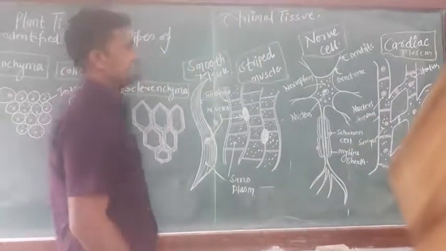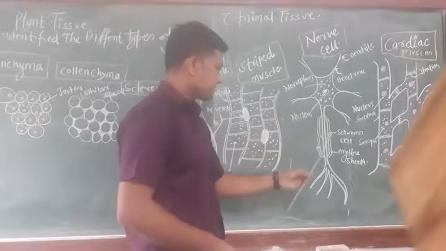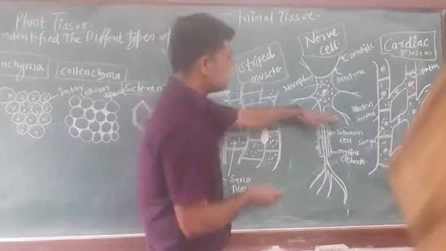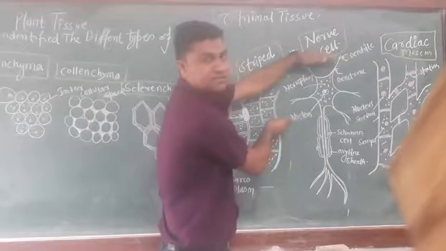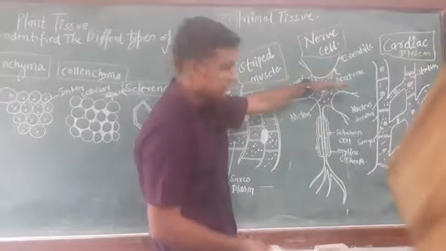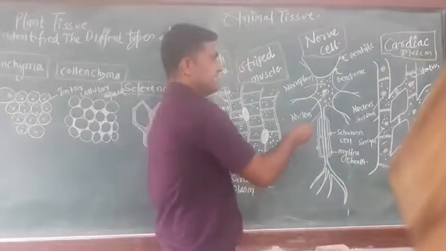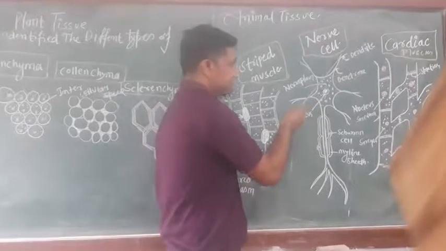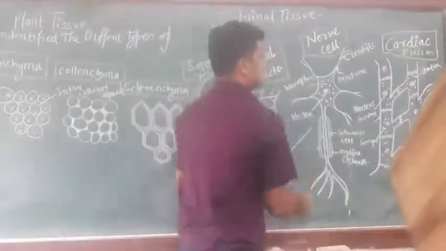Then the next one, nerve cell. That is the simple structure. The head portion, the upper portion, is the cyton, and the lower portion is the axon. The cyton has dendron, the single branch, and then the branch divides into two or more branches, called dendrites.